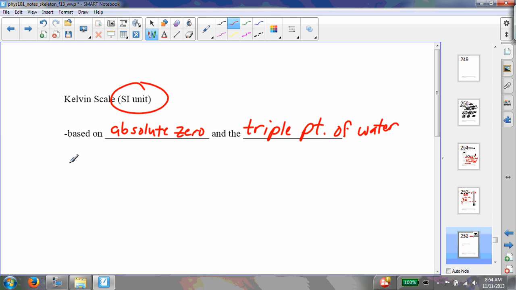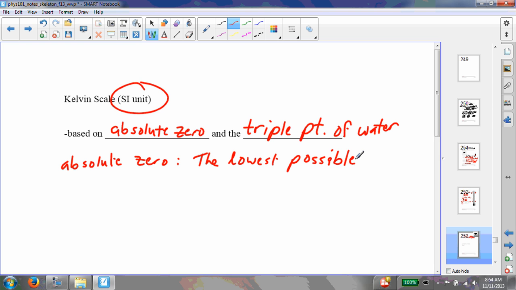And absolute zero is the lowest temperature attainable, the lowest possible temperature. It is that theoretical temperature where all motion ceases, all intermolecular motions, electrons, protons moving, those all stop. It's not possible to go lower than absolute zero.